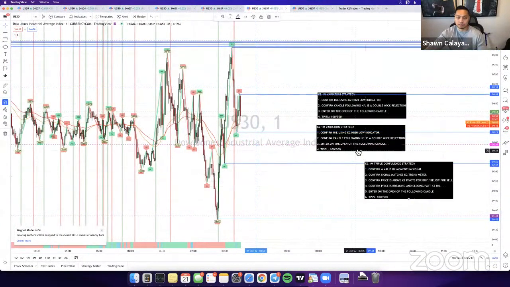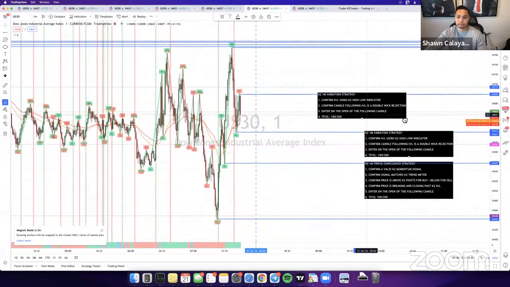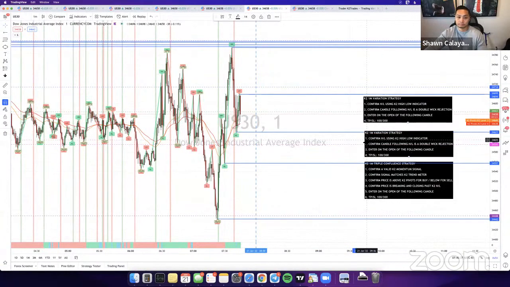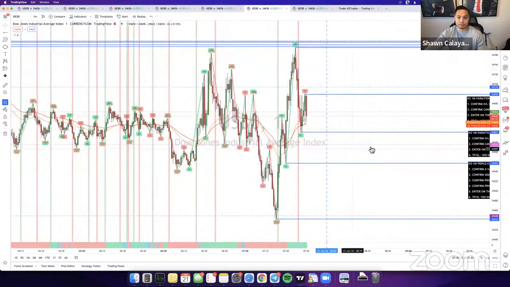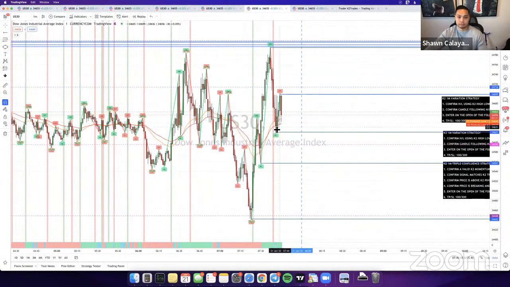So for example, right here, if we get a sell entry, there's actually going to be some liquidity around this area. We got a low right here, low right here, and low right here. So I actually wouldn't mind if price kept pushing up higher.